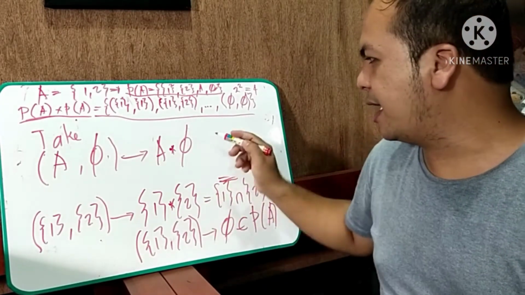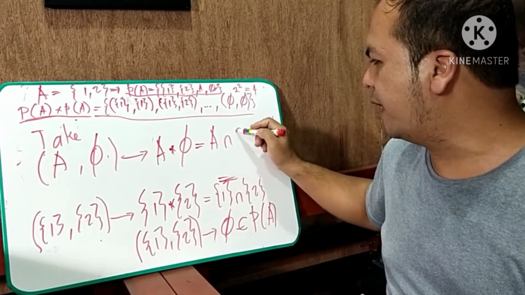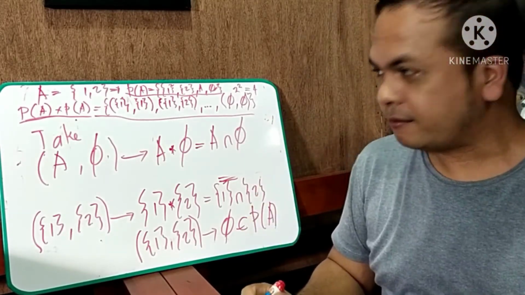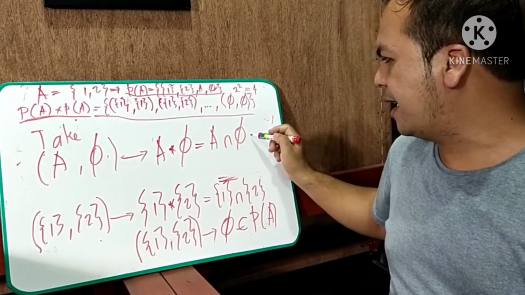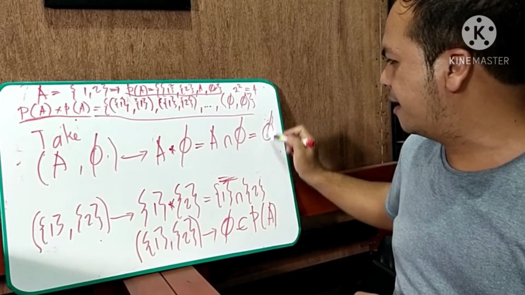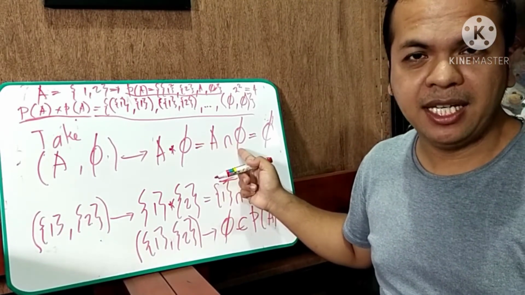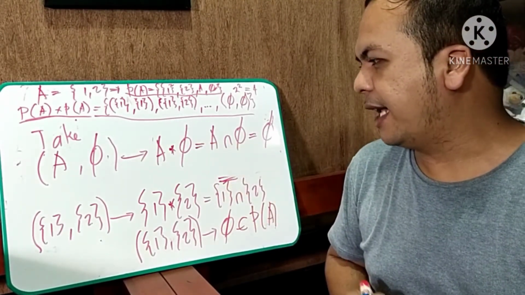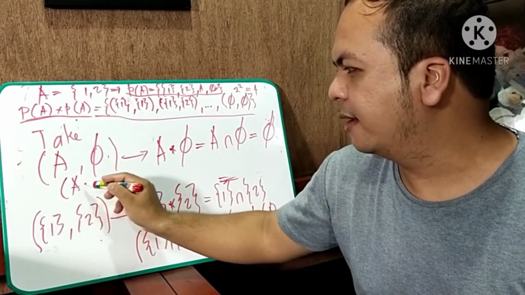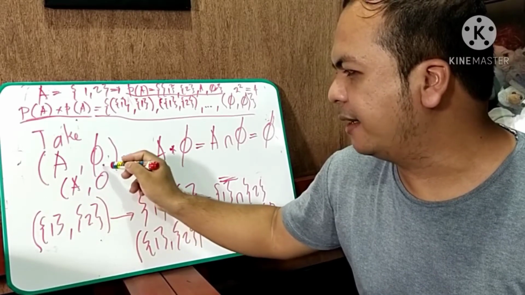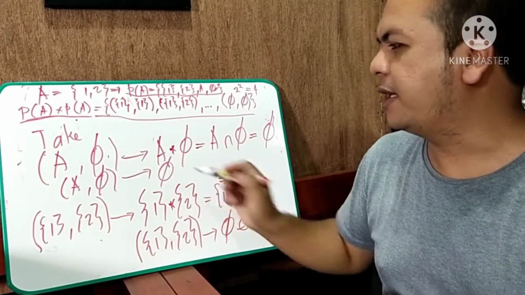A star empty is equal to the intersection of the two sets. And we know the fact na ang intersection nila is the empty set. So, A intersection empty is an empty set. Therefore, itong ordered pair na to, containing A and empty set, ay nakamap siya sa empty set.